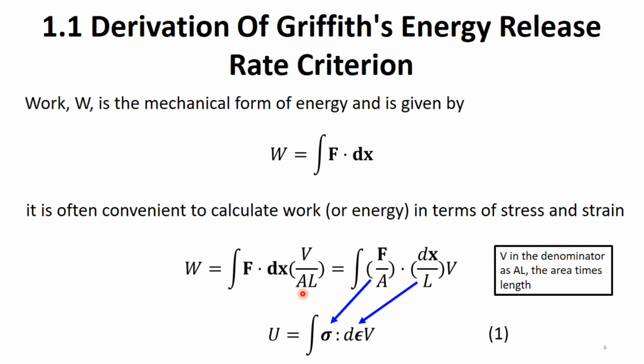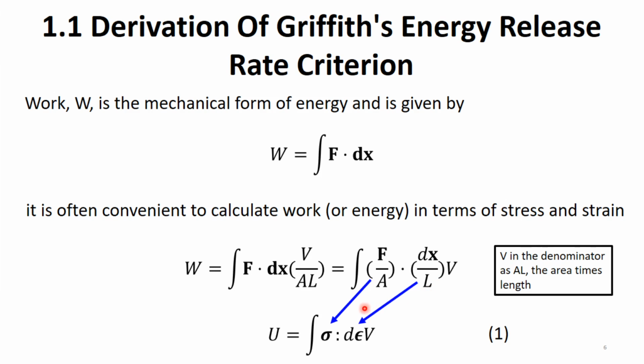This area can go under the force, and the force per unit area is called stress, usually represented by the Greek letter sigma, whereas dx divided by L is the change in length divided by original length, which is the definition of strain.